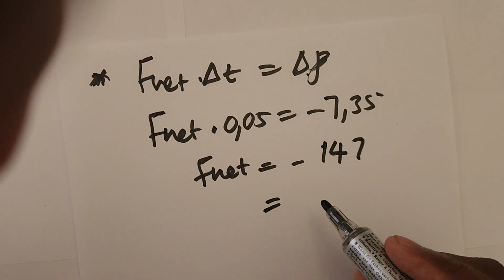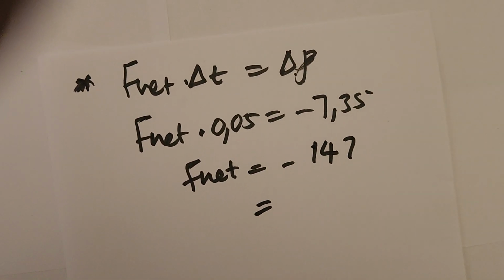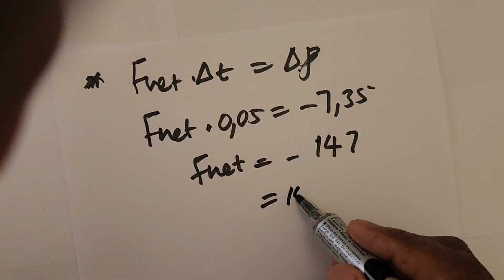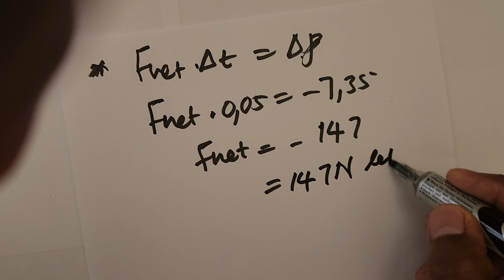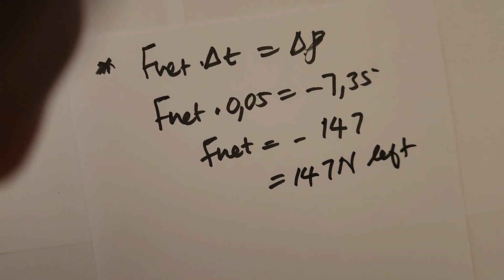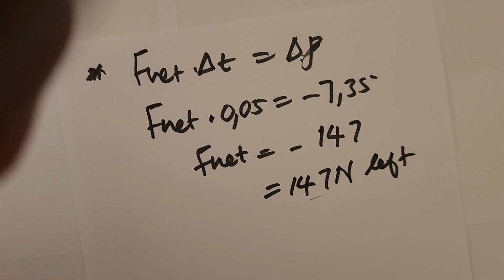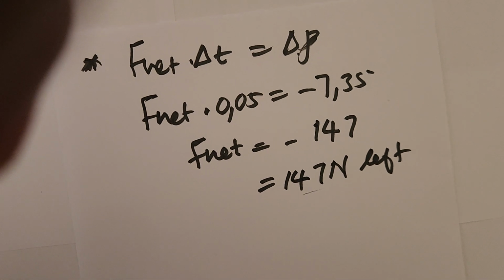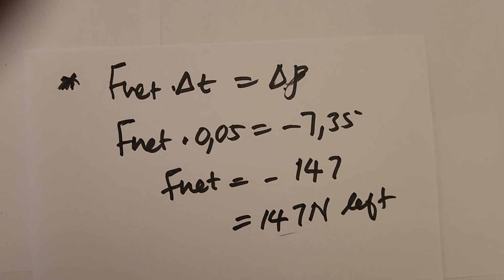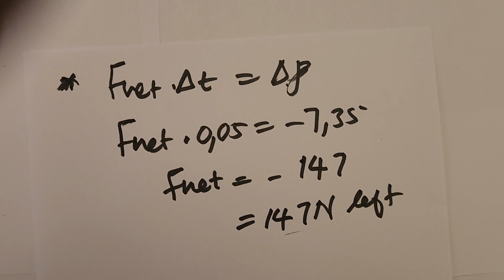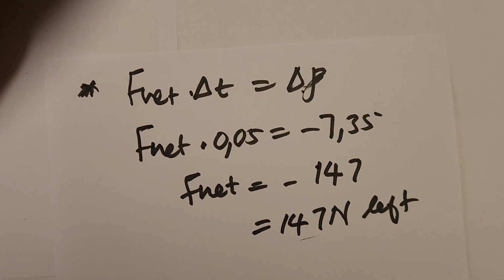Then we have to interpret the negative sign. It will be 147 newtons to the left or away from the bat. So the bat exerted a force of 147 newtons to change the direction of the cricket ball. That's how we calculate the net force.